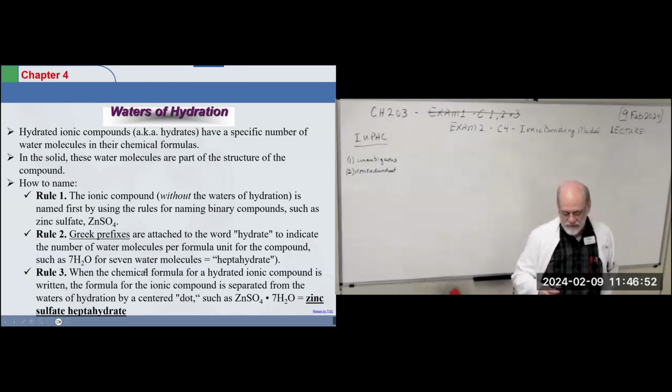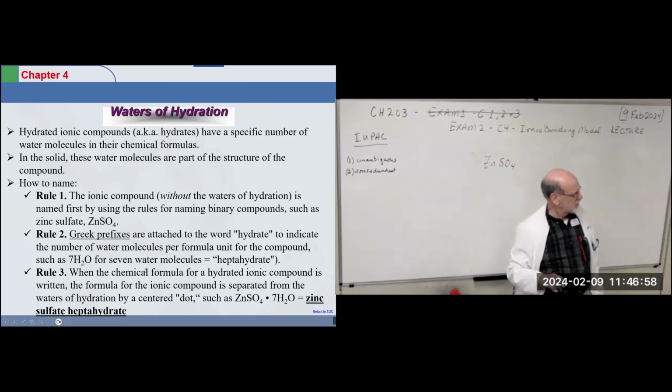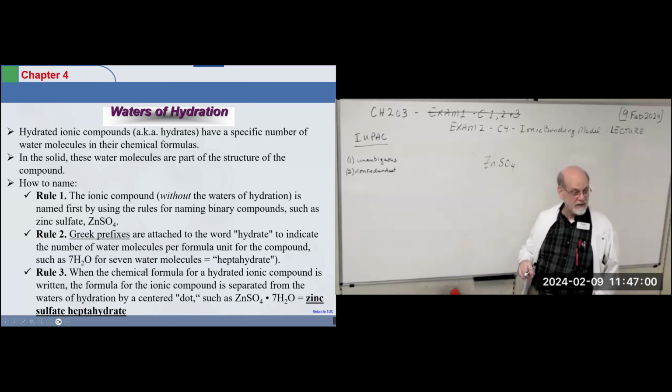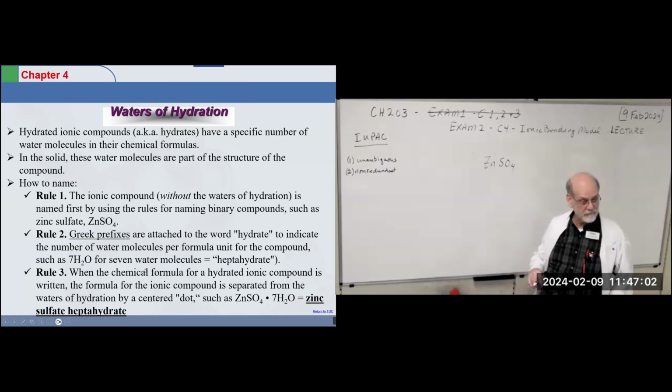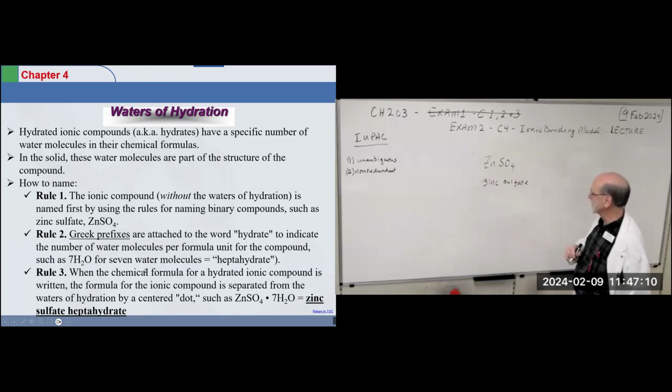So our example here is this compound. Let's see. Zinc has a fixed charge, right? So it's a type 1 compound. So we just say zinc sulfate. All right.